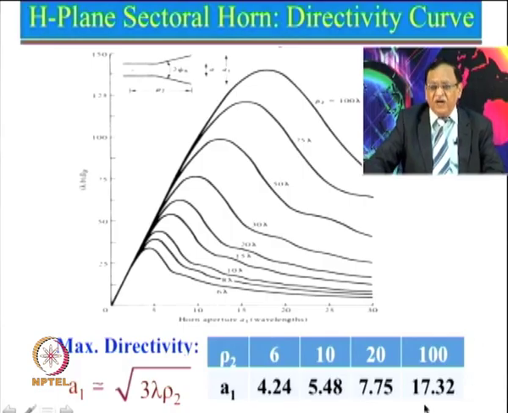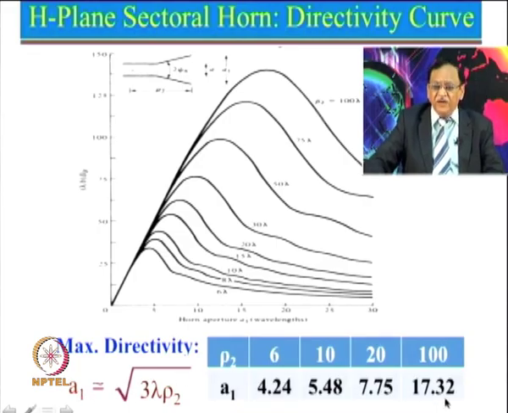If you recall, earlier this number was about 14.14 for the E plane sectoral, whereas for H plane sectoral it is 17.32. And if we draw from here a curve which goes through the center, that will be like an equation which is given by this particular expression.